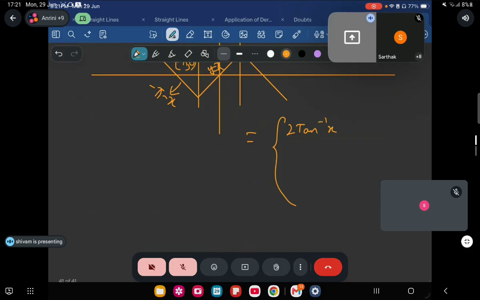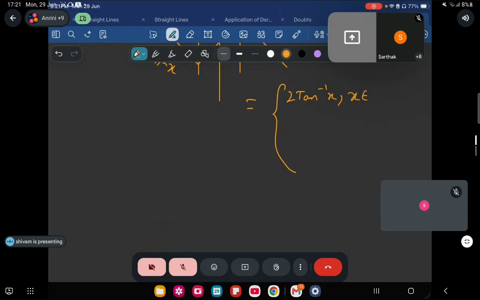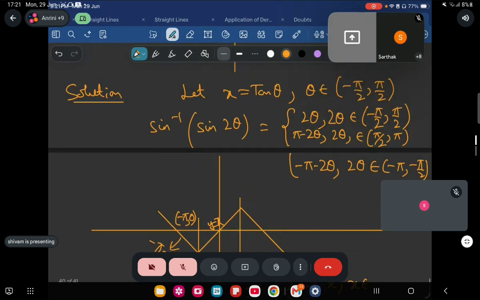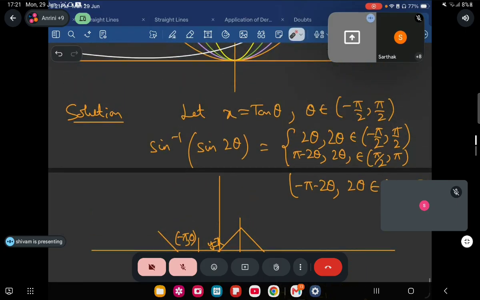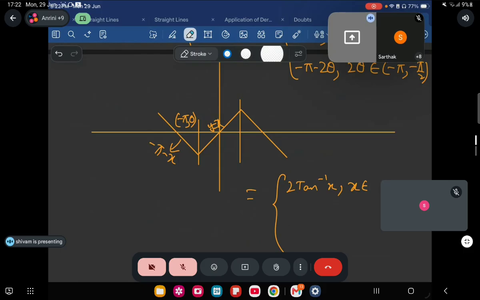2 tan inverse x, where x belongs to. See, if 2 theta belongs to minus pi by 2 to pi by 2, then theta belongs to minus pi by 4 to pi by 4. That means x will belong to, tell me. If theta belongs to minus pi by 4 to pi by 4, where does x belong to? Minus 1 to 1. Very good. This is what I wanted to hear.